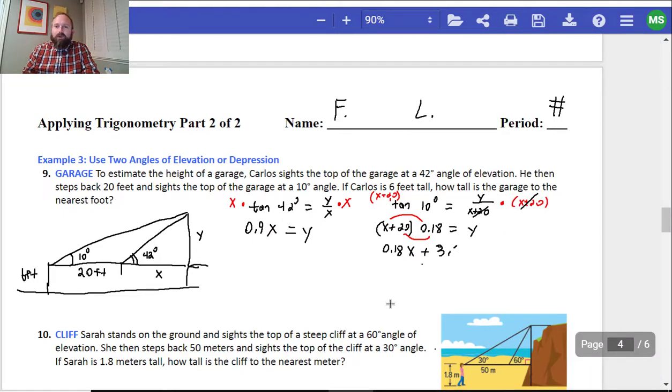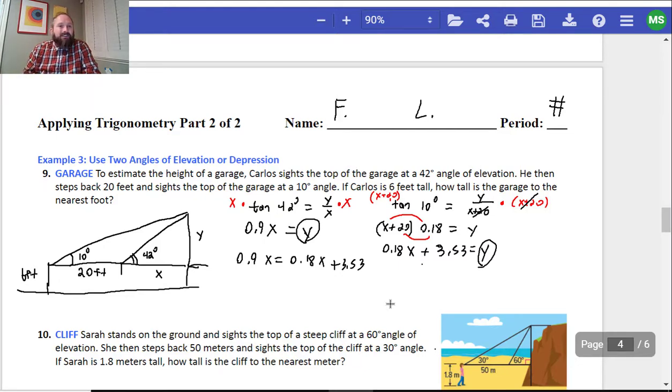So 3.53 equals y. Now, we can do the substitution property because y equals y. I can put 0.9x equals 0.18x plus 3.53 because I substituted for this value.